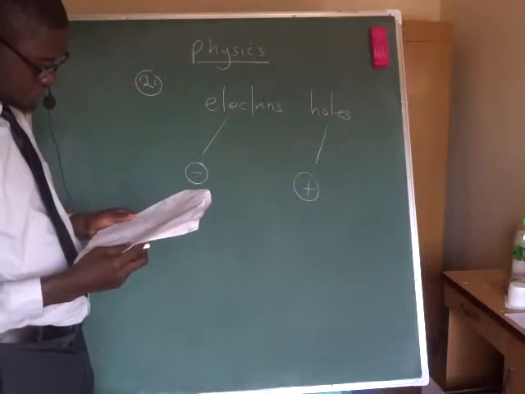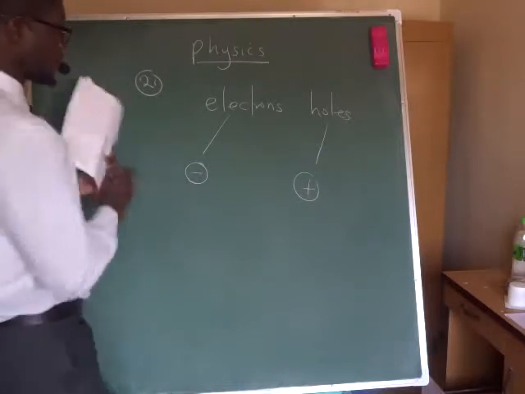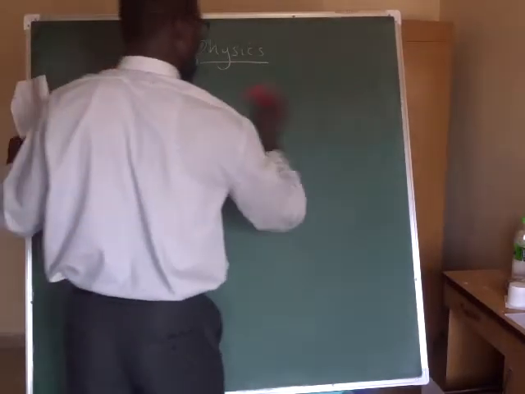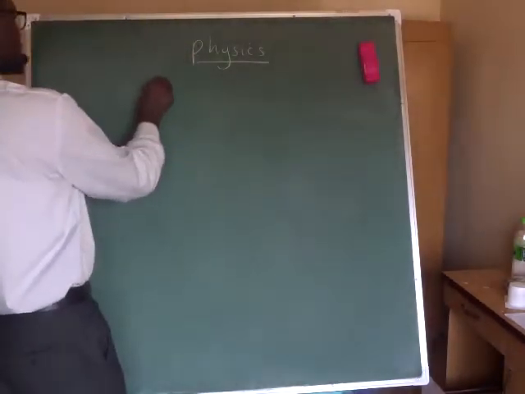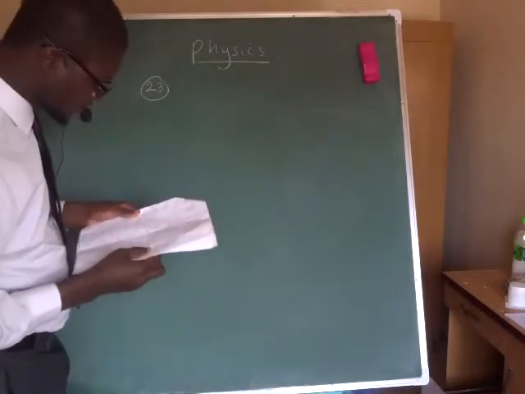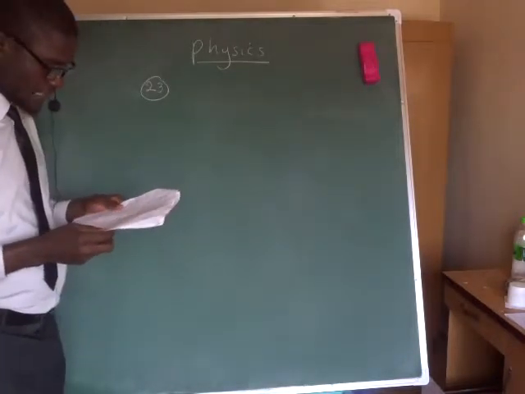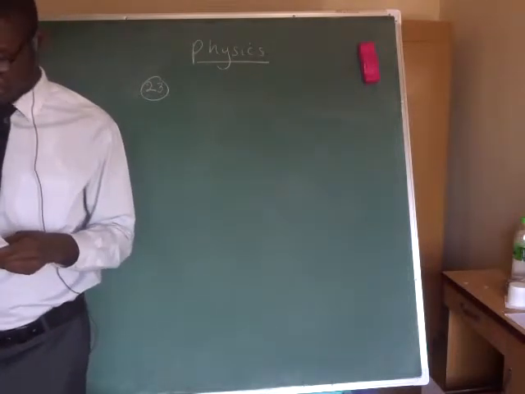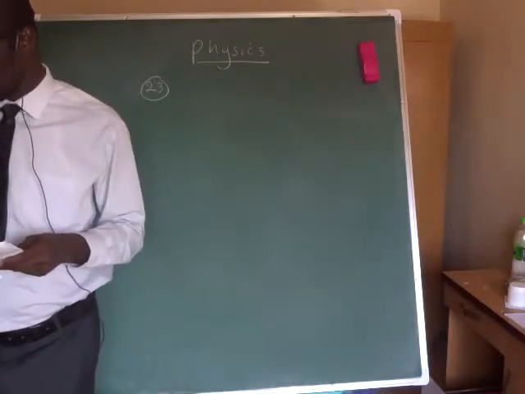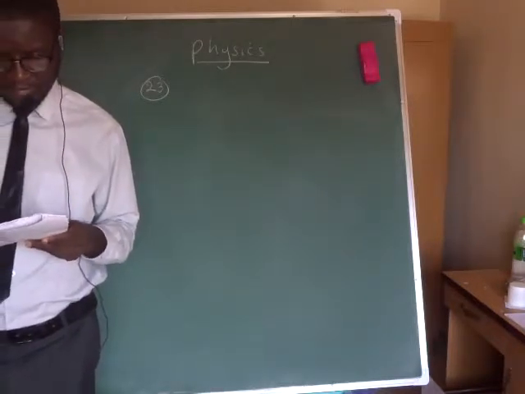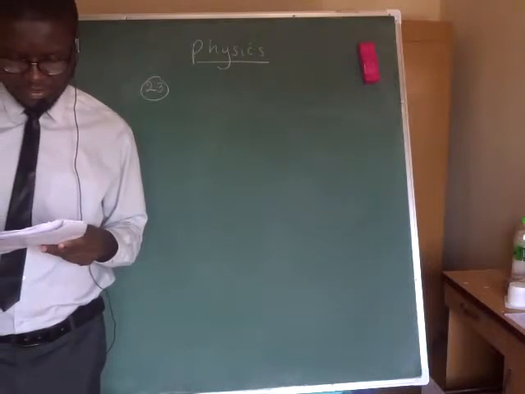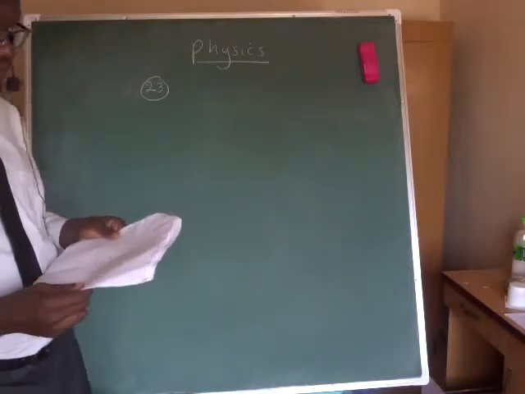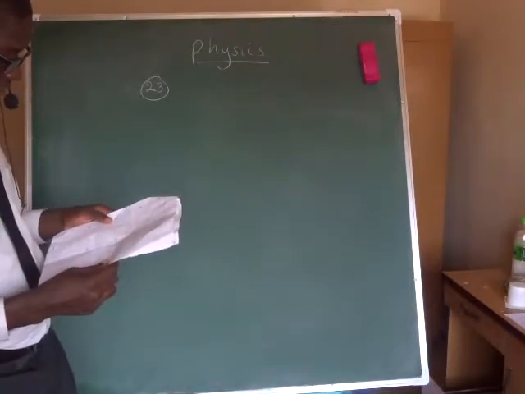Question 23 is a calculation. So the question says, if the speed of light in water is 2.26 exponential 8 meter per second and the velocity of light in air is 3.0 exponential 8 meter per second, calculate the refractive index of water.